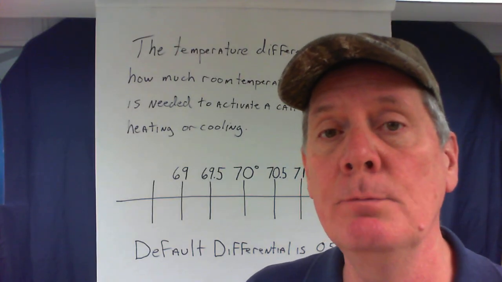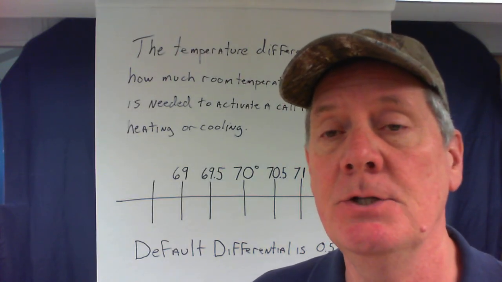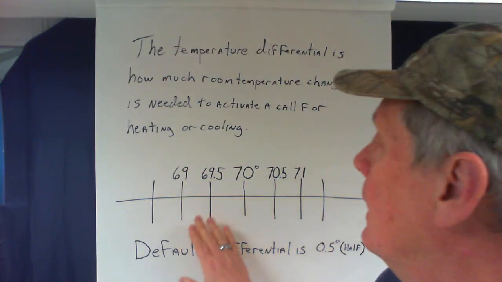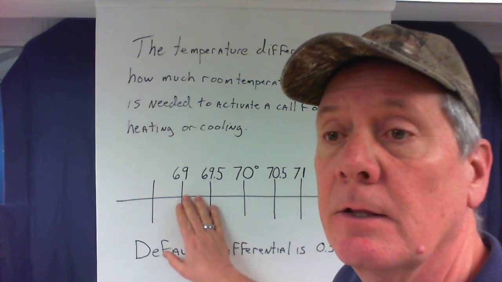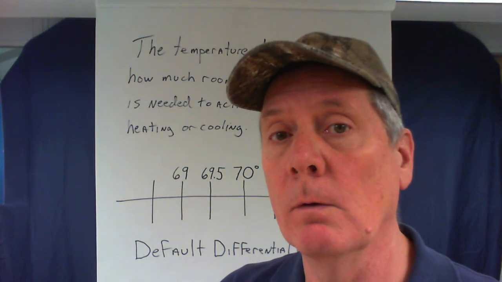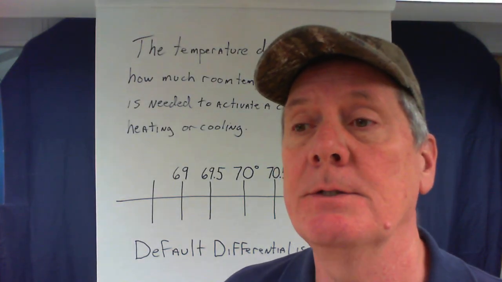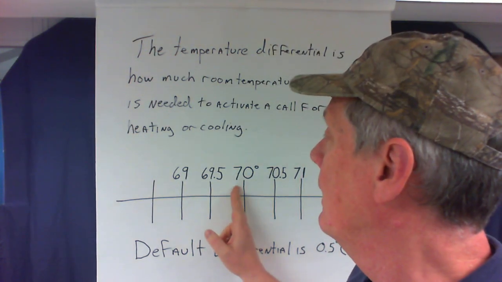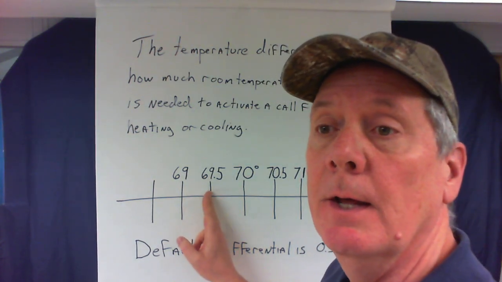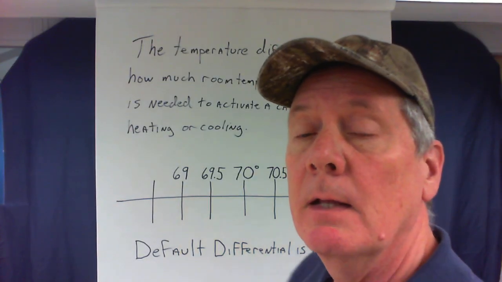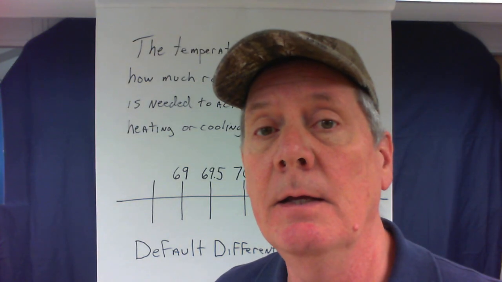That's how much room temperature change is needed to initiate the call for heat. Now, you're not going to see that in the display because the display only shows you a whole number. There's no decimal points. But behind the scenes, it's measuring every tenth of a degree. And when it gets down to 69.5, then that will turn on the heat.